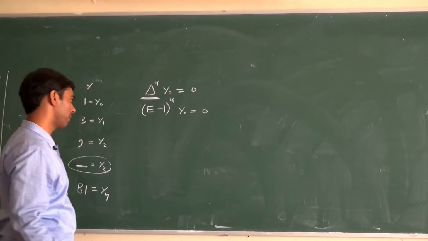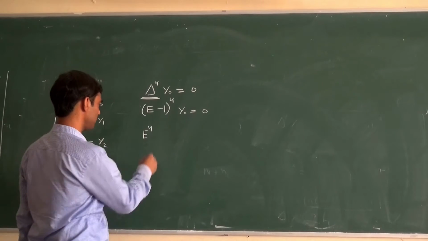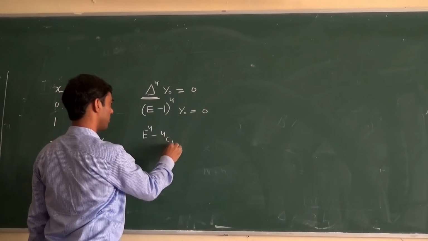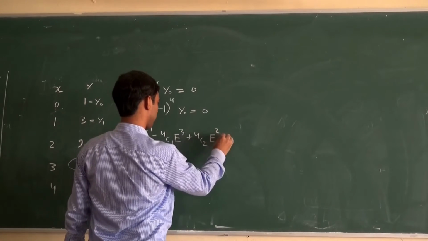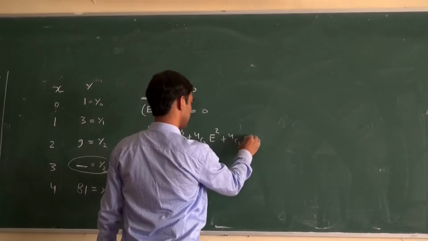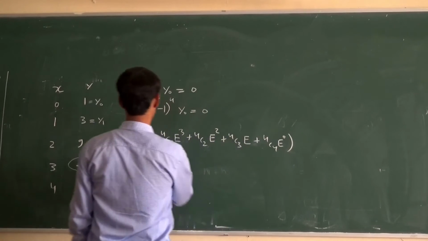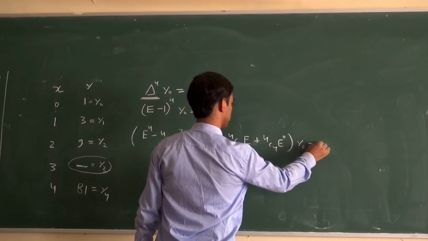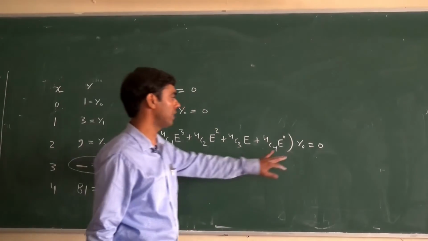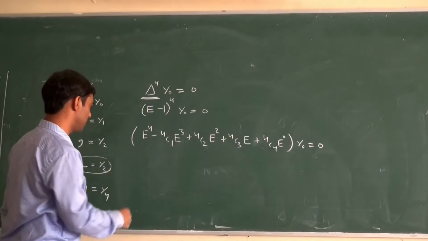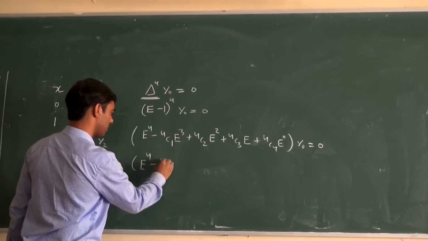If we expand this, what is the value? E to power 4 minus 4C1 E cube plus 4C2 E square minus 4C3 E plus 4C4 E0, operating on y0. Let us simplify this.